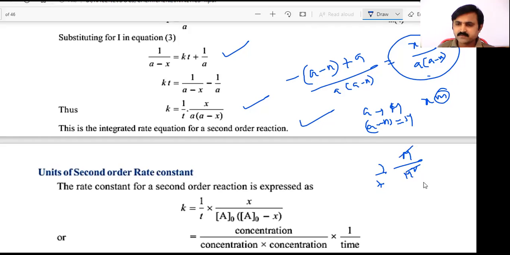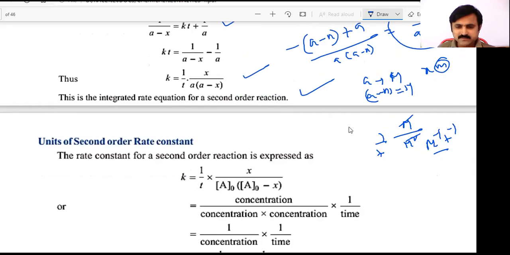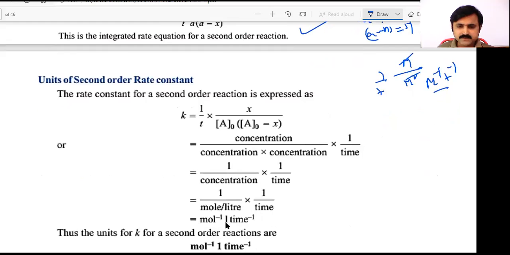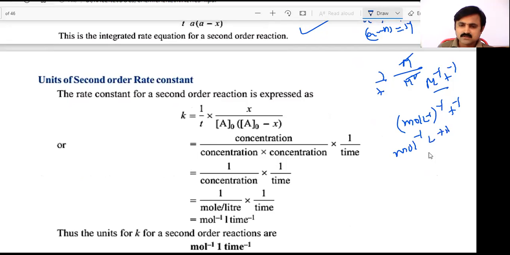Molarity cancels. That means molarity inverse, time inverse. So molarity inverse, time inverse is what? Moles per liter whole power minus 1, time inverse. So it will become mole power minus 1 liter time inverse. That's what's shown here.